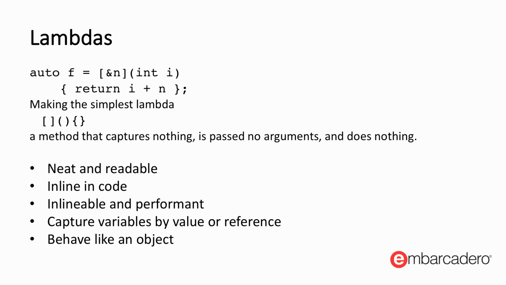For example, this lambda, where you have int n equals 5, the lambda in square brackets, n reference, in round brackets, int i, and in curly brackets, return i plus n, binds to n, which is a variable outside the lambda by reference, and when called has a single int parameter and returns the sum of the 2 ints. For what it's worth, that makes the simplest lambda this amazing bit of code, bracket bracket, bracket bracket, bracket bracket, which is a lambda that captures nothing, is passed nothing, and does nothing.